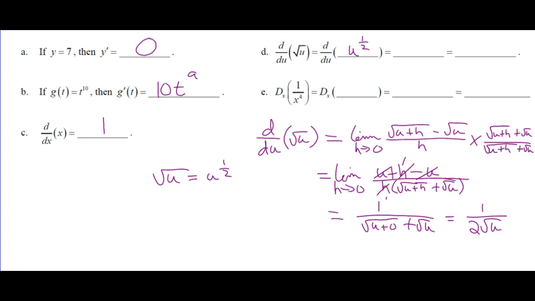So 1/2, and do what to the power? So it's n, x to the n minus 1. Now, up to now we've worked with n as an integer, and now n is rational. So it's 1/2 u to the 1/2 minus 1. What's a half minus 1? Negative 1/2.